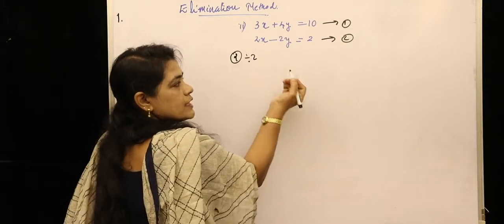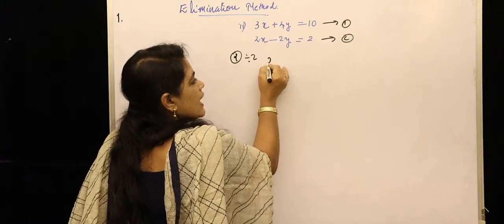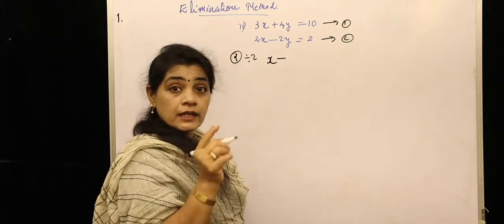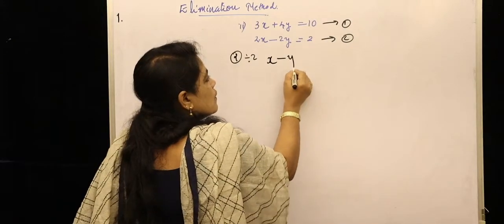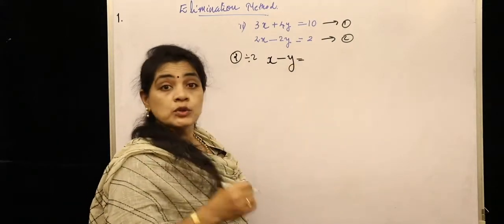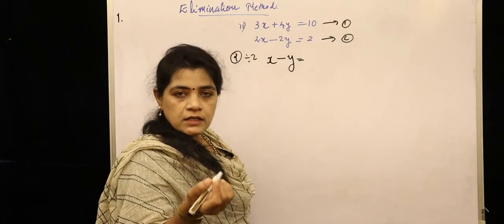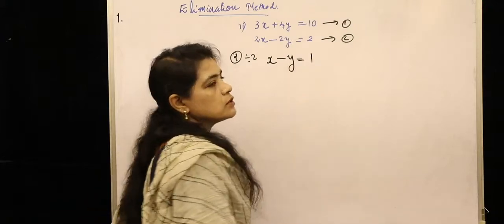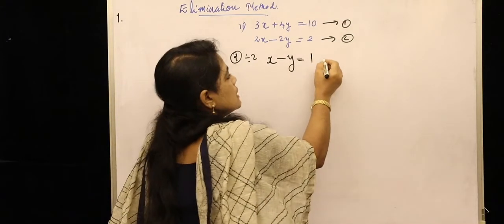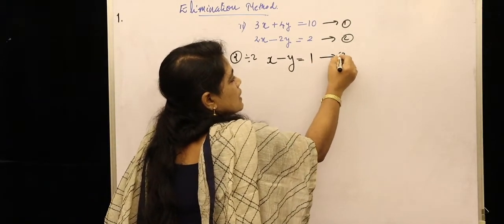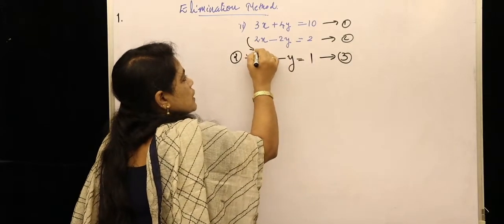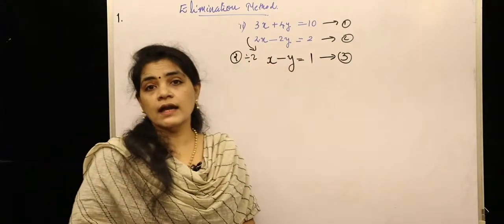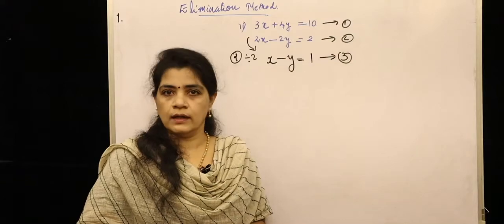So it becomes 2x by 2, the 2s get cancelled, x, and here 2y by 2, y. Here it becomes 2 by 2, the constant on the RHS is also divided. What we do in the LHS, the same you have to do in the RHS also. So this is equation number 3. That is, equation 2 is now reduced to the form x minus y is equal to 1.